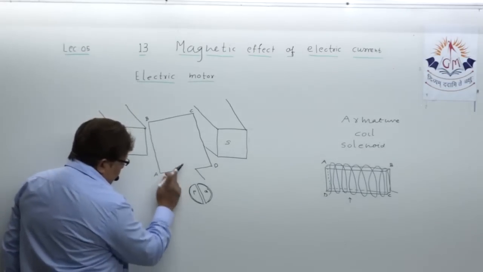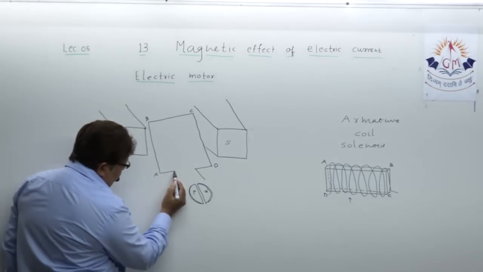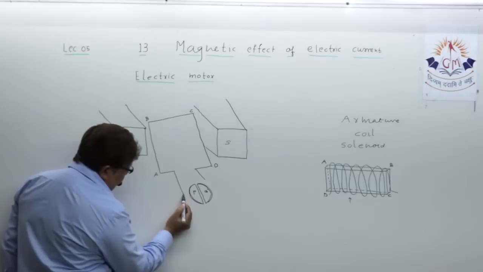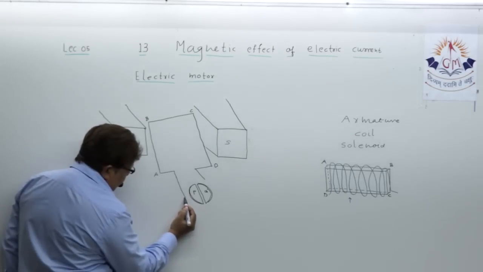The coil of wire is connected with the slip ring by two carbon brushes.